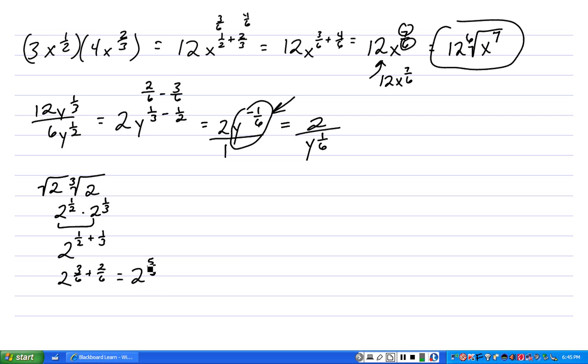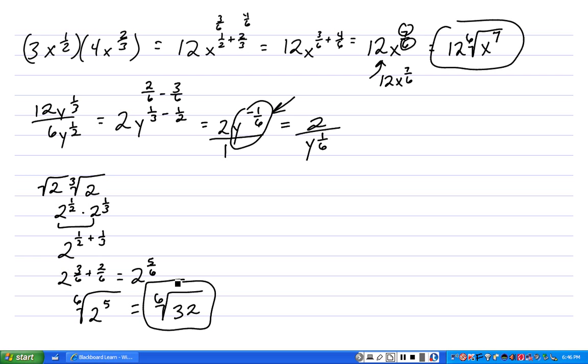This would be the answer if we stayed in positive rational exponent form. But if we put it in radical form, we take the 2 to the 5th under the 6th root. And 2 to the 5th is 32, and then keep our 6th root. That would be our answer there.